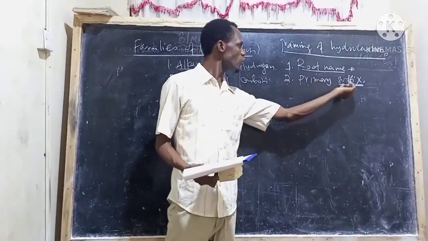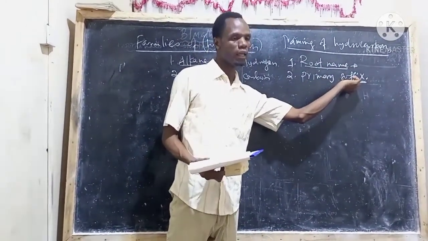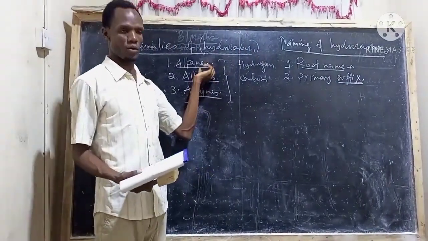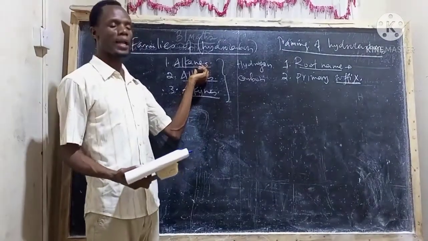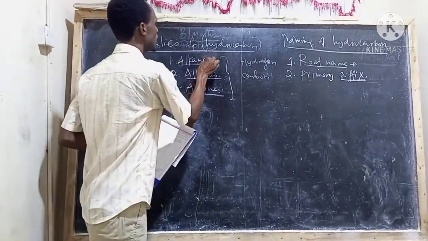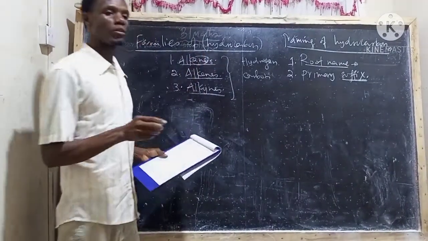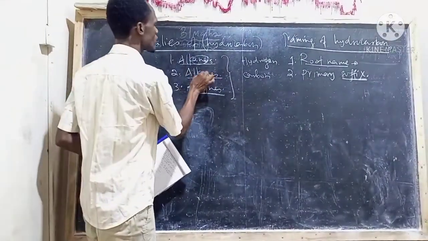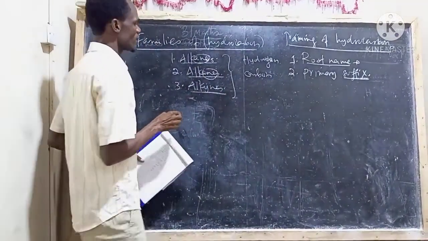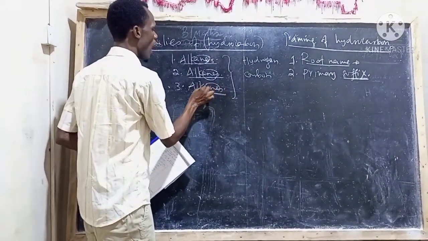But the suffix is the word added to show what kind of family you are talking about. If you're talking about alkane, you indicate with A and E. If you're talking about alkene, you indicate with E and E. But if you're talking about alkynes, you indicate with Y and E.